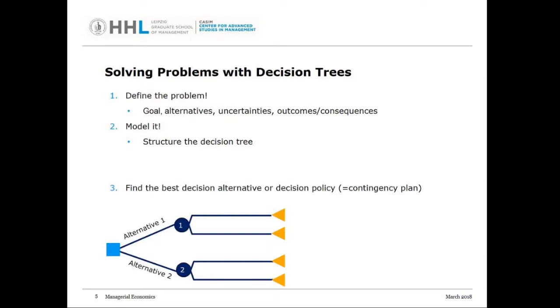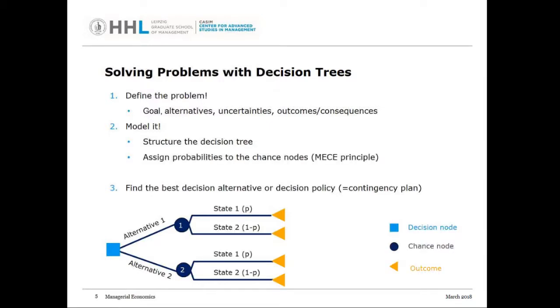The light blue square means a decision. At this point, a decision maker decides between alternative 1 and 2. The dark blue circles are uncertainty. So what's going to happen in the future? Here we have states.